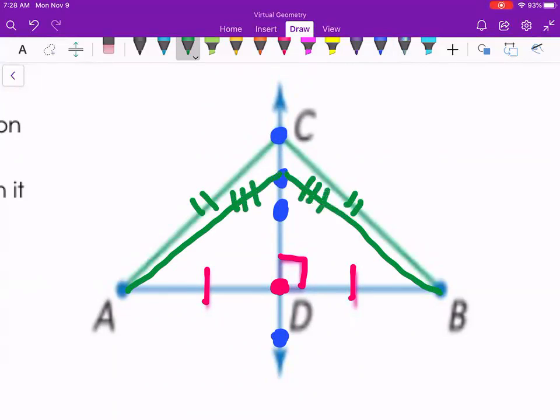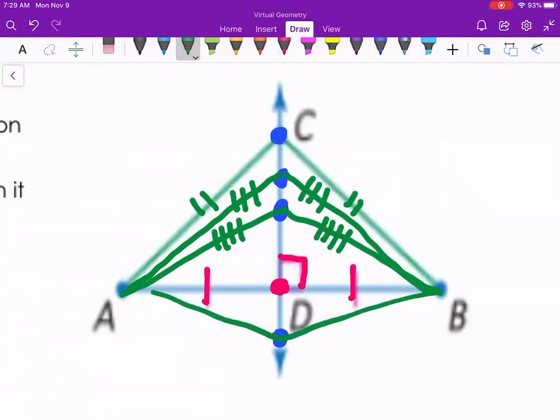My second point down, same thing to those endpoints. It is exactly the same distance. And I could keep going with my next point. The third one down is equidistant. And notice I'm having to go up in my dashes each time. And same thing with the point below. It is equidistant to those endpoints.